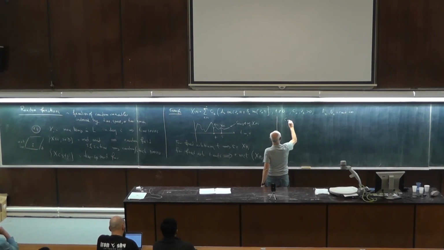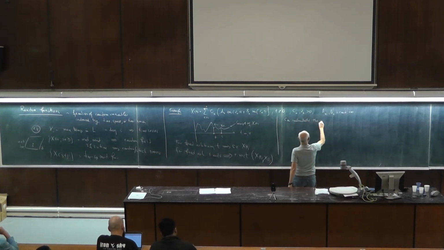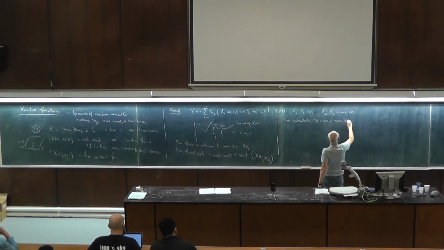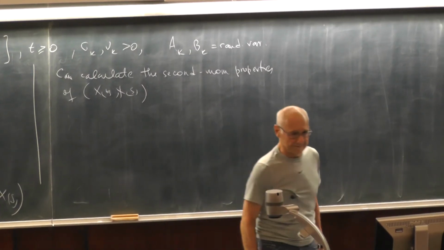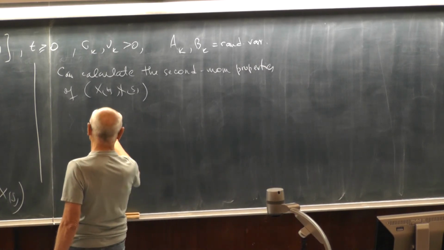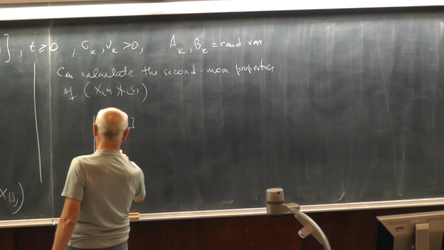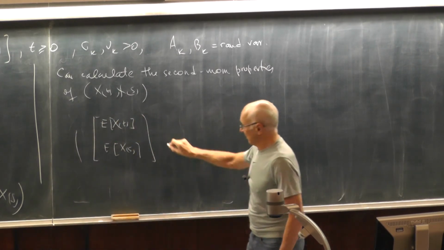So that means we can calculate the second moment properties of this vector, and these second moment properties are the mean, that's the mean vector, right?